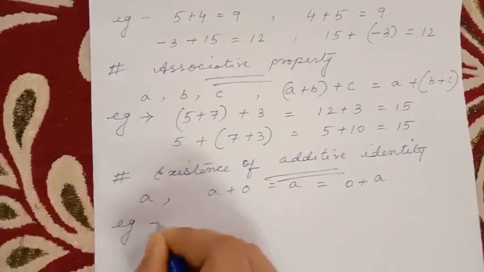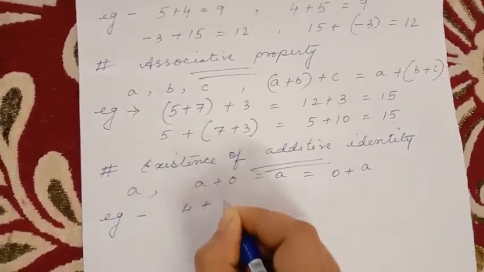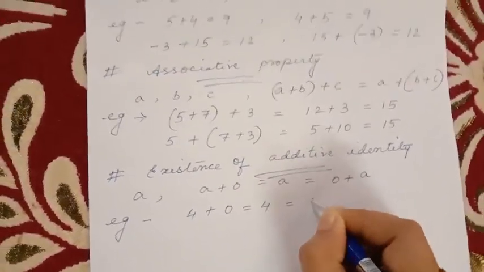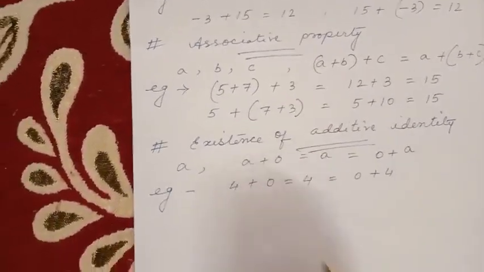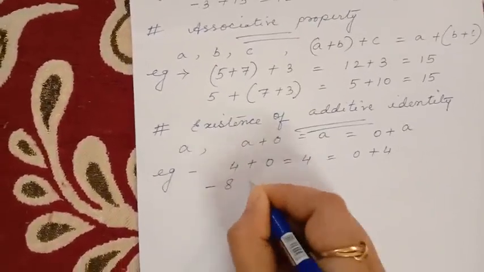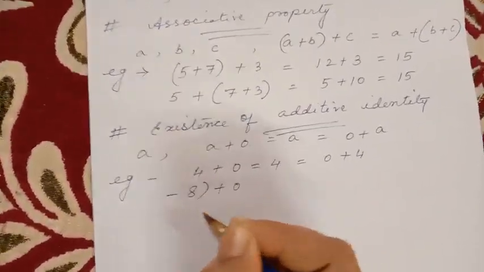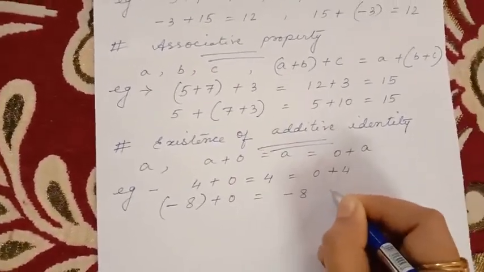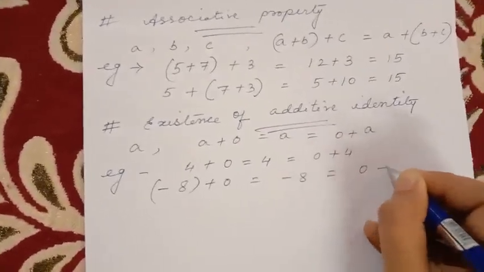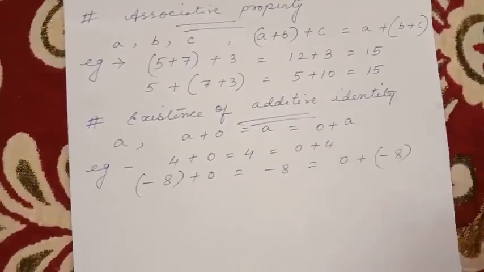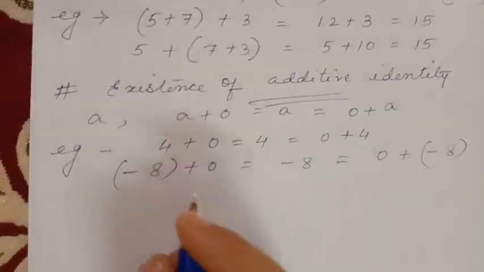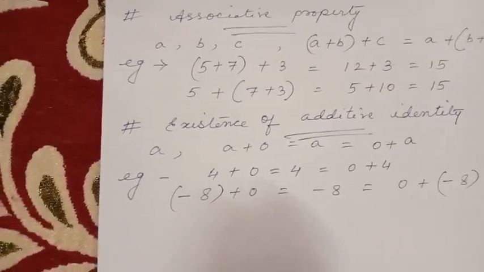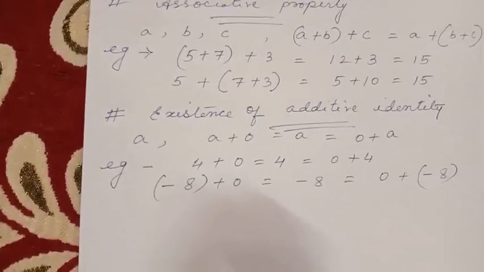So for example, 4 plus 0 equals 4, that equals 0 plus 4. Minus 8 plus 0 equals minus 8, that equals 0 plus minus 8. So, the integer 0 is known as the additive identity.